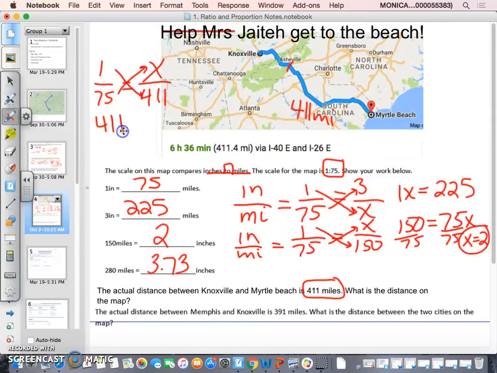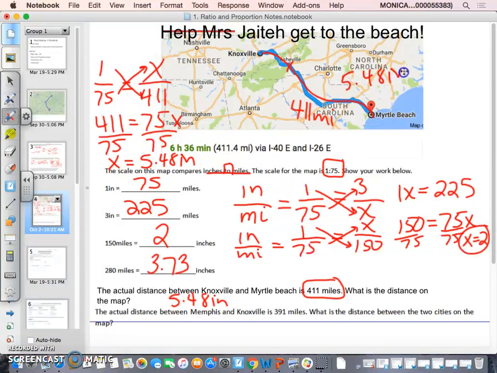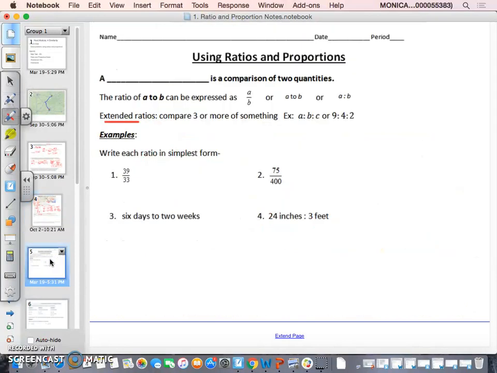So I get 411 equals 75x. So I'm going to divide both sides by 75. And when I work it out, I get x is equal to 5.48 inches. And so from here all the way to here, we would expect that it's 5.48 inches. All right, you can skip that last problem.